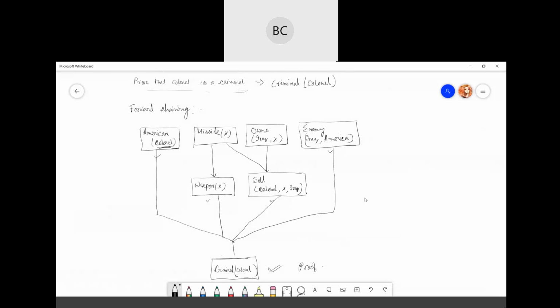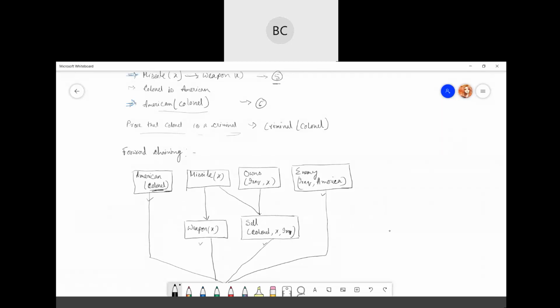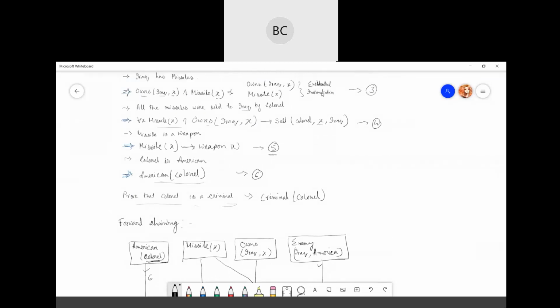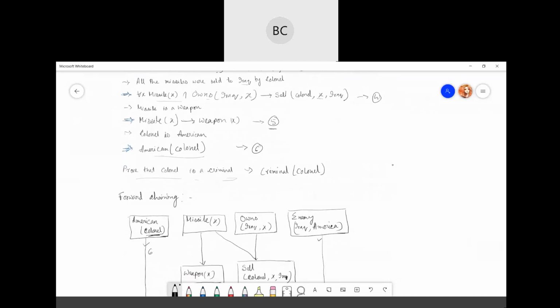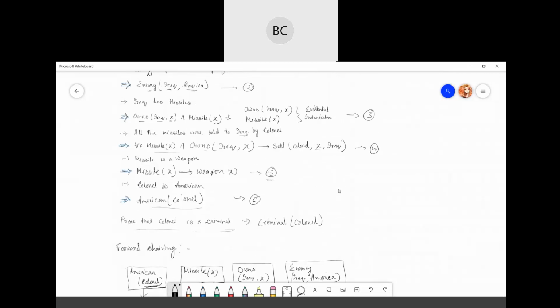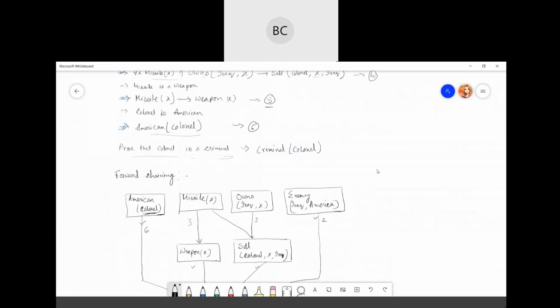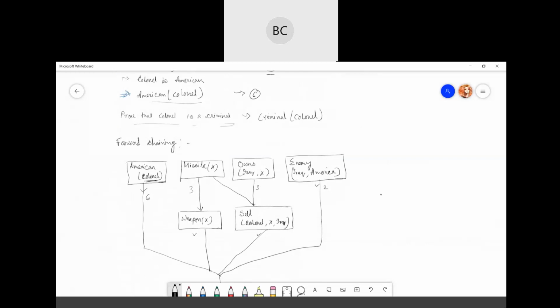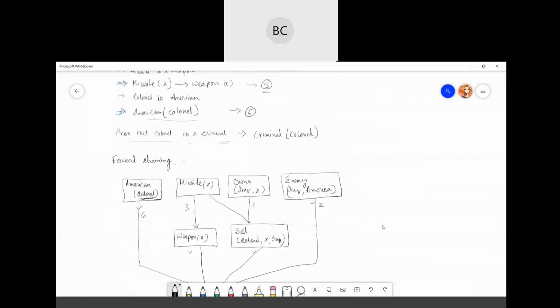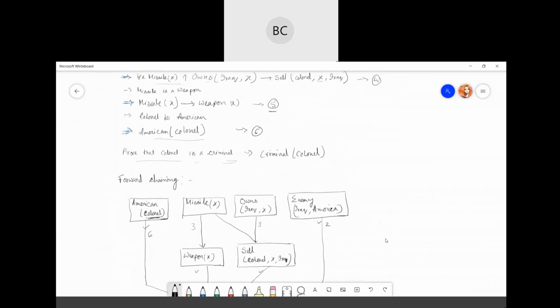Okay, so this first one came from number 6. Then missile X came from 3. Owns and missiles both came from 3. Then enemy Iraq came from number 2. Then the weapon missile thing came from number 5.